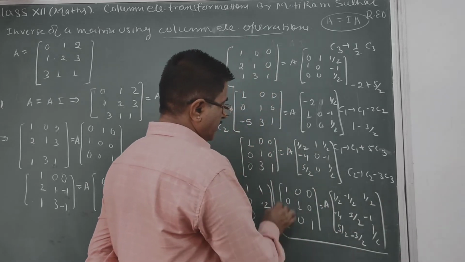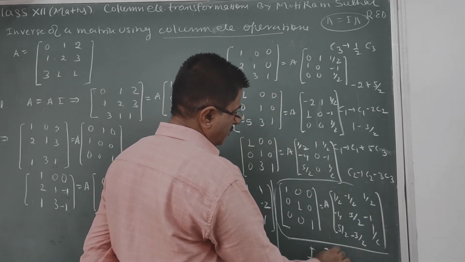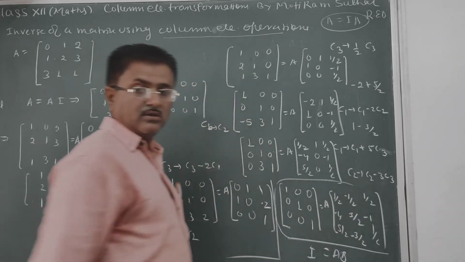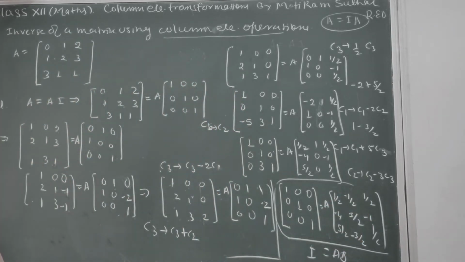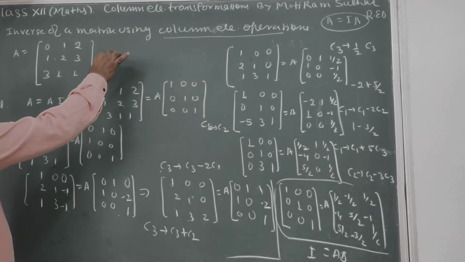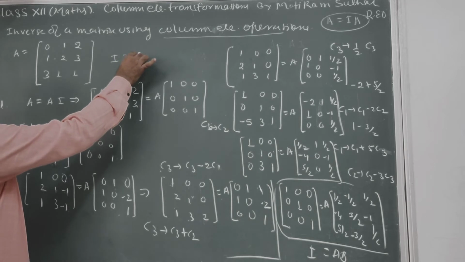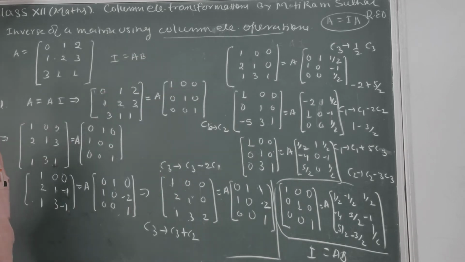So finally we get the result I equal to A into B. So in this way we can say that we are getting what? Finally answer I equal to A into B. Okay?